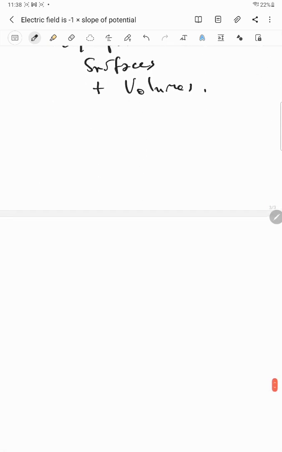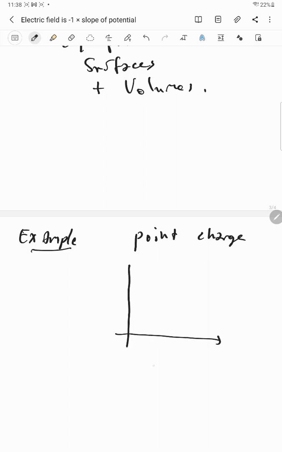So here is an example. And it's the point charge. So real quick, let's imagine a point charge. I'm going to place it at the origin. There it is right here. And I'm going to talk about coordinates x, y, z, where I can ask what's the electric field over here, right?